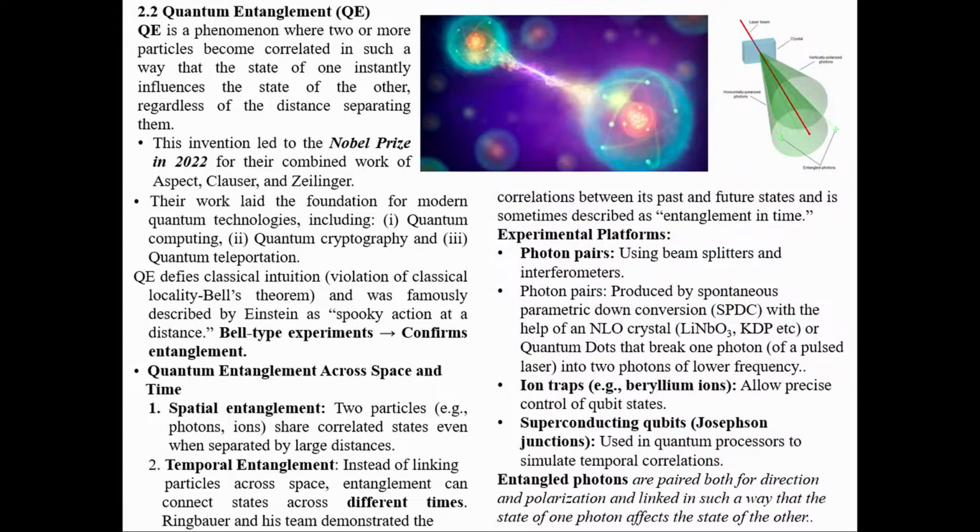Quantum entanglement, what does it mean actually? It is a phenomenon where two or more quantum bits are entangled to each other. That means linked to each other. They have a link in between, so they are correlated to each other. Suppose I disturb one quantum bit, automatically the other part will feel its change.